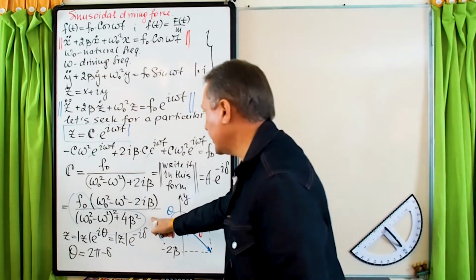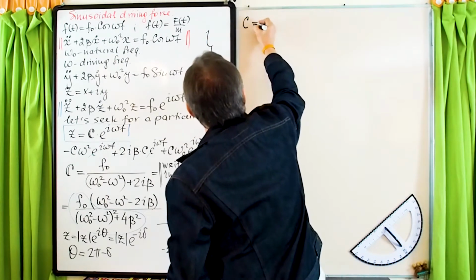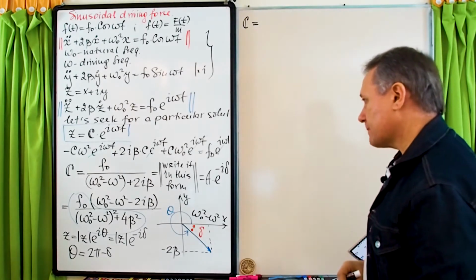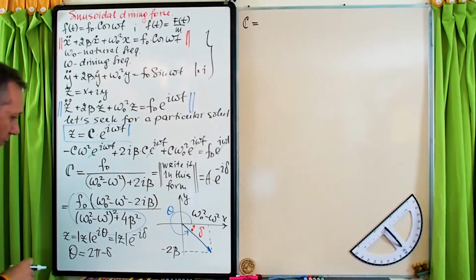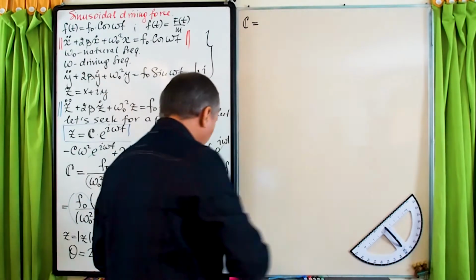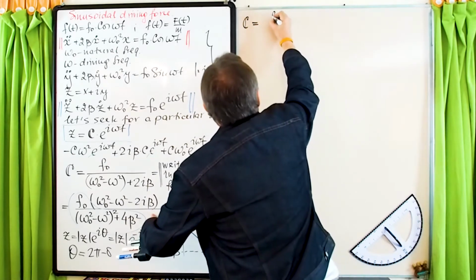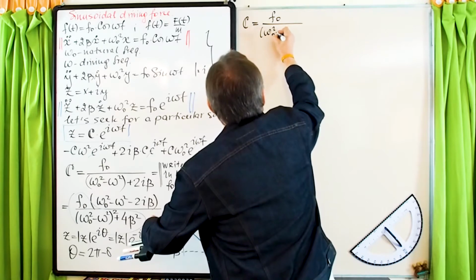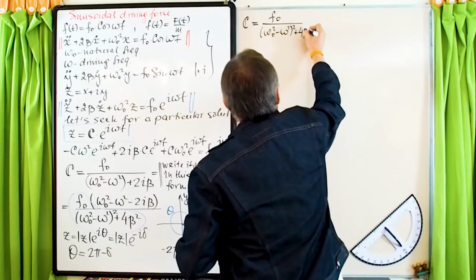So now I will continue this. So c equals, I'm thinking which way should I write it? Probably I will just write it. The absolute value I will write here next to this. So f naught divided by omega naught squared minus omega squared, squared plus 4 beta squared.